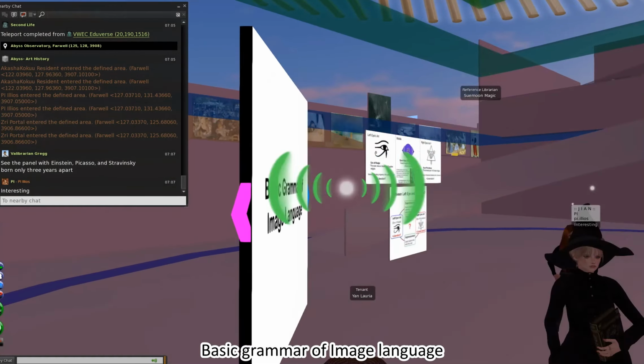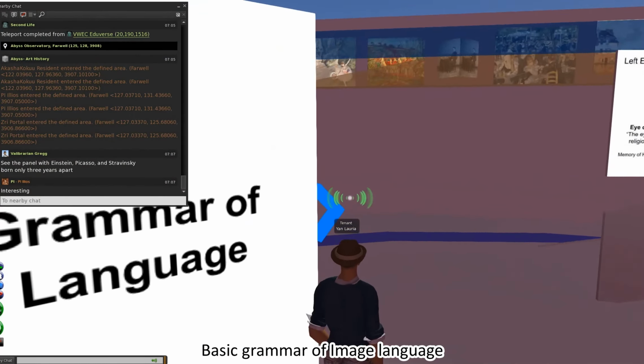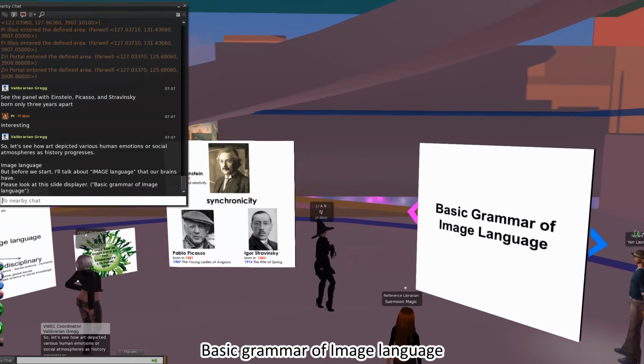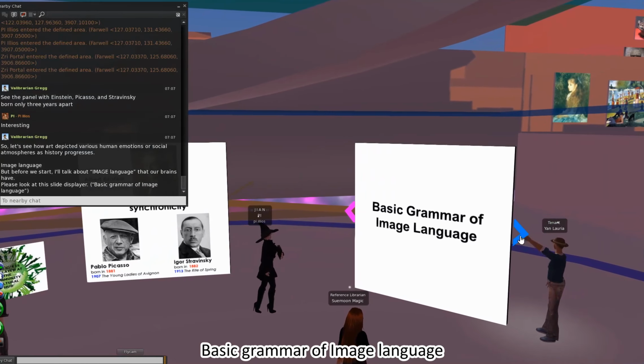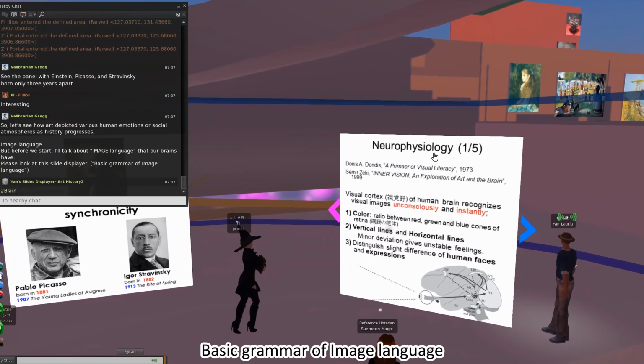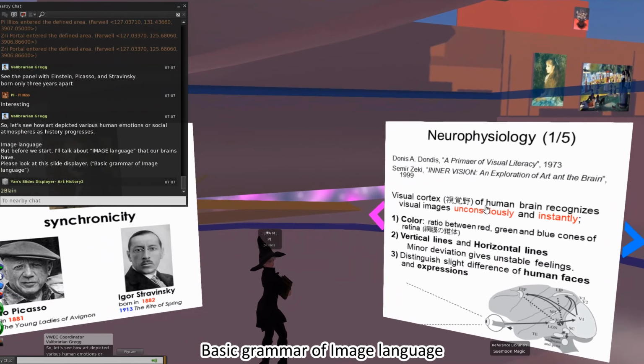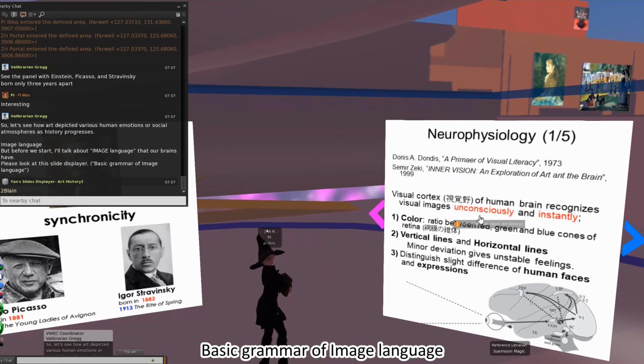Please look at this slide: basic grammar of image language. Neurophysiology. The visual cortex of the human brain recognizes the visual image unconsciously and instantly.